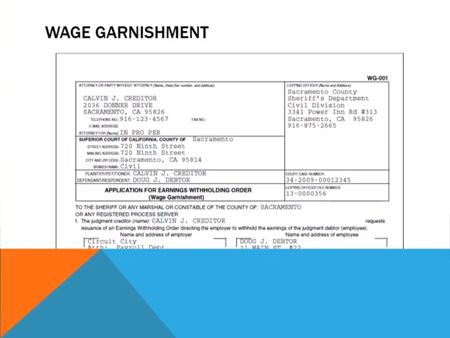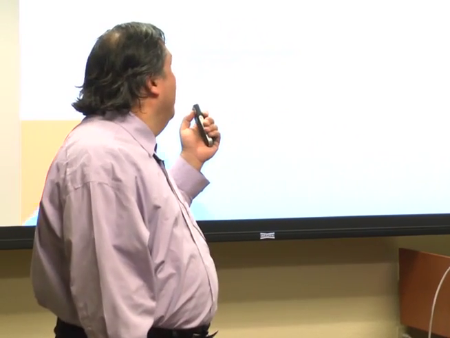If it's in Sacramento County, it's going to be the Sacramento County Sheriff's Department, Civil Division, at 3341 Power Inn Road, room 313. Some of you may recognize this as the Family Law Courthouse. It's on the 3rd floor, and this room is the only reason you ever want to be on that 3rd floor, just so you know.